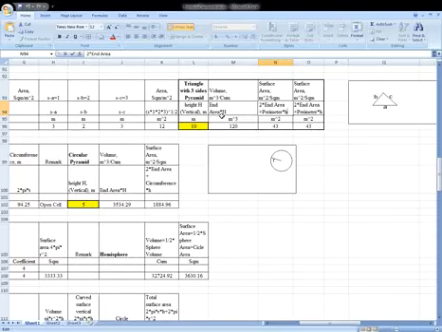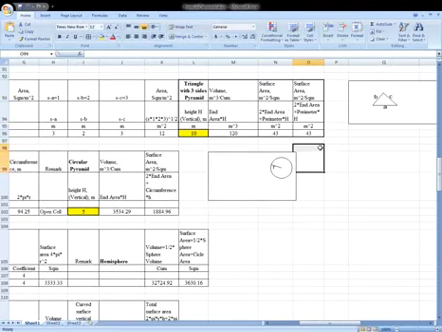I've written H, no problem. It is the vertical height, capital H, given by this. So we get this answer here.